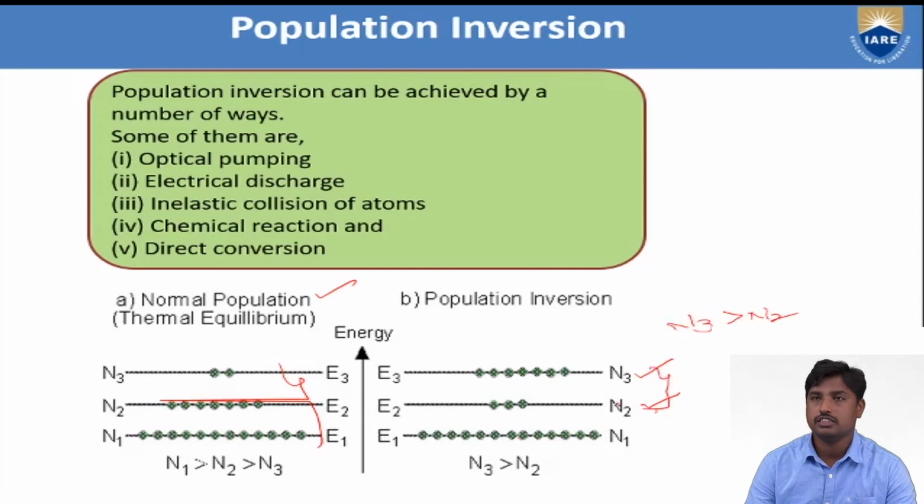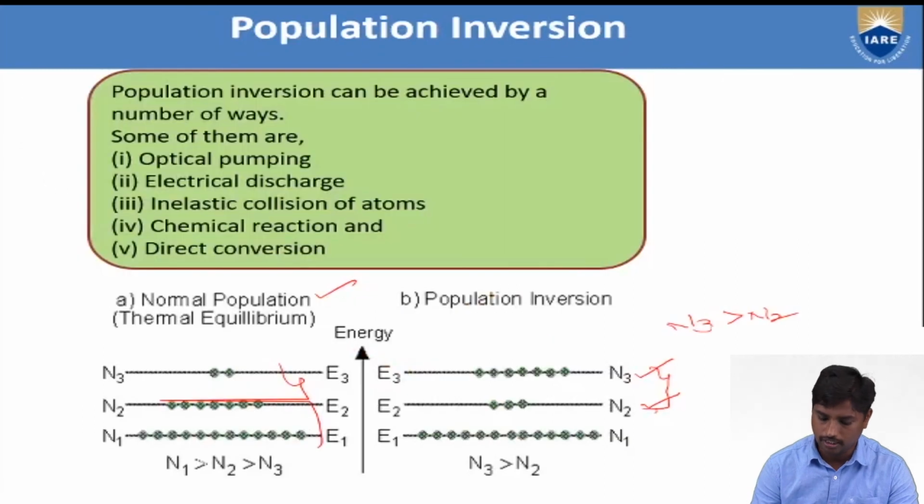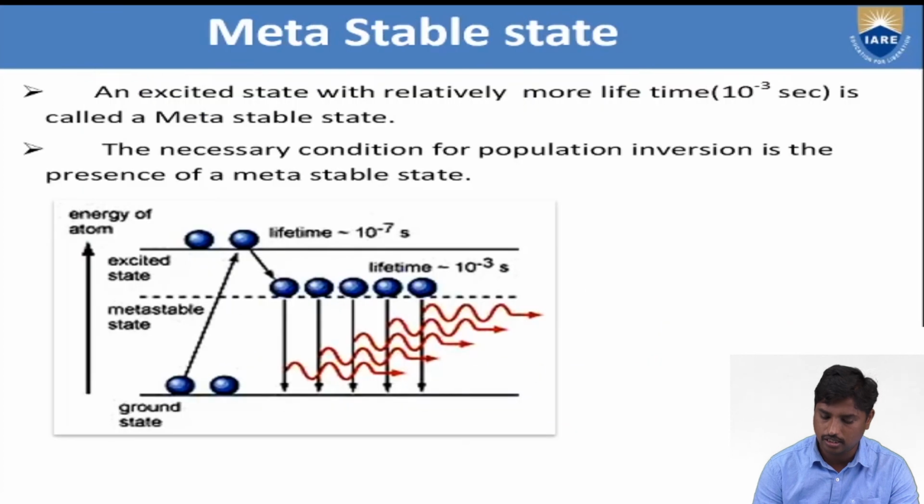Coming to another definition, the metastable state. To achieve population inversion, one of the most important things is the metastable state, the energy level where atoms spend maximum time, nothing but lifetime. The minimum lifetime of particles is 10 power minus 3 seconds. This is the maximum time spent in a particular energy level.